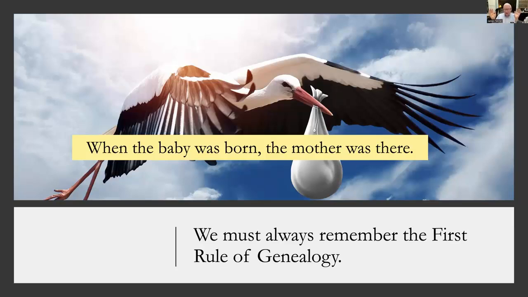If you've done any genealogy at all, you'd be surprised to see how many times that's ignored by various people when they start looking and say, well, this child was born here in Arizona, and the mother was in Massachusetts.